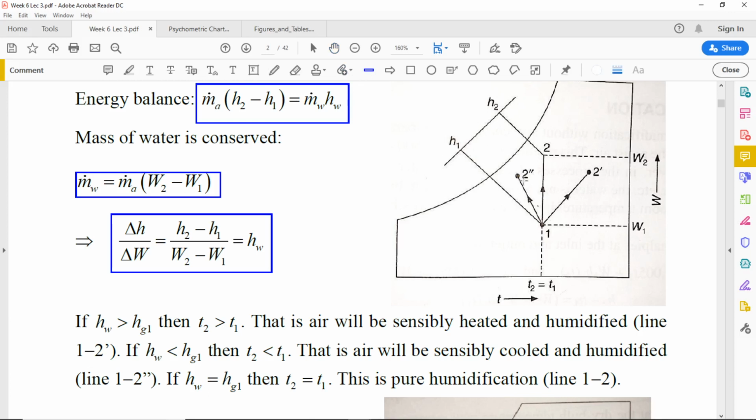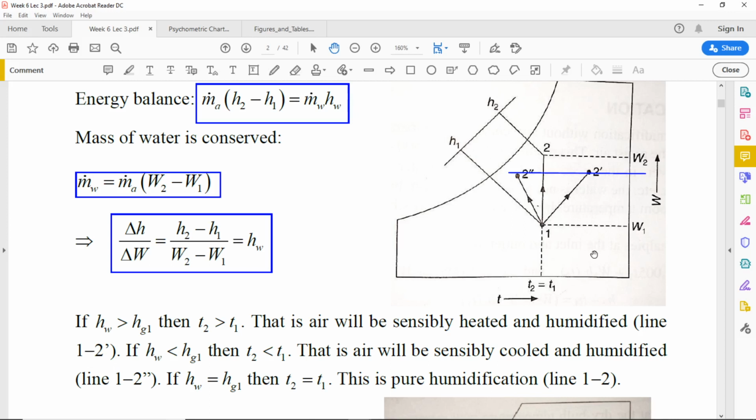I can just draw one line to show an increase in the humidity ratio. From state 1 we can reach this humidity ratio by a number of different paths that are shown over here, and there are three distinctions between the paths.